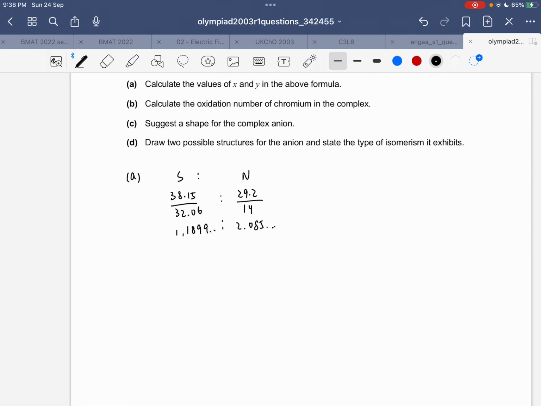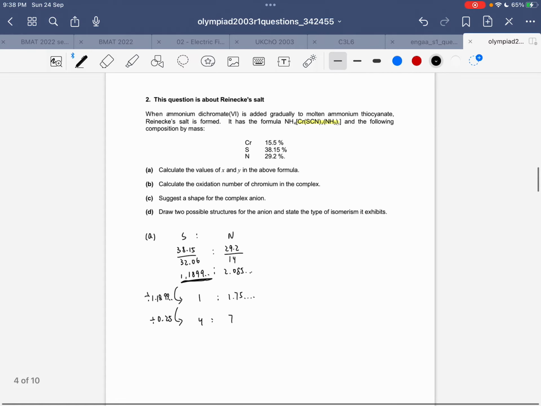And if I want to simplify it, I can just divide both sides by the smaller number, which is this. So dividing by this, I will have 1 to 1.75 something. And to further simplify this, I will divide it by 0.25 to get 4 and 7.